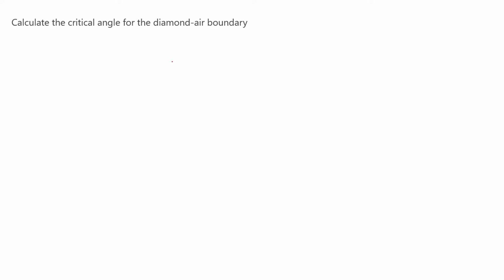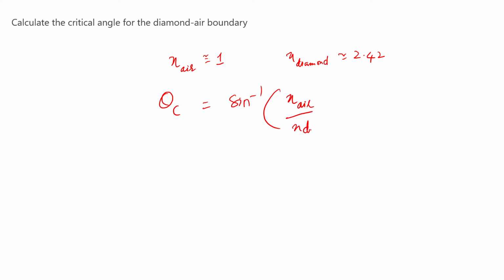In air, the refractive index of air is roughly 1, right? And the refractive index of diamond is around 2.42. So we have seen that the critical angle is sine inverse of n by n prime.